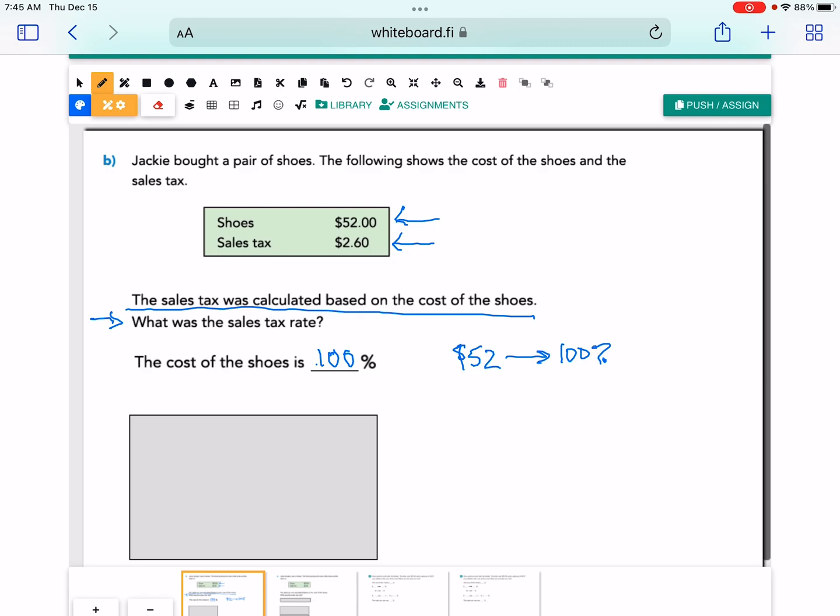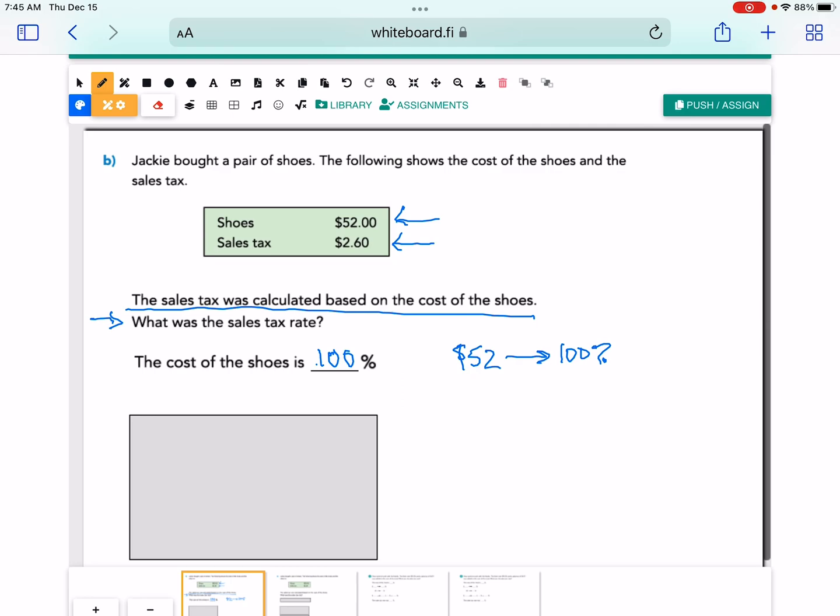And we'll discuss both, actually all of them, 3 of them. So before we get into the problem, what I want to do is use our skills of estimation to make a prediction about what percentage this sales tax is.